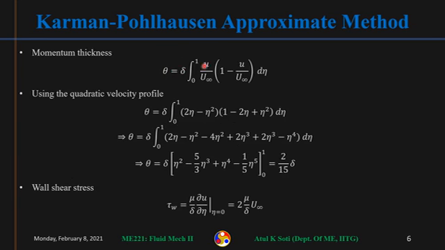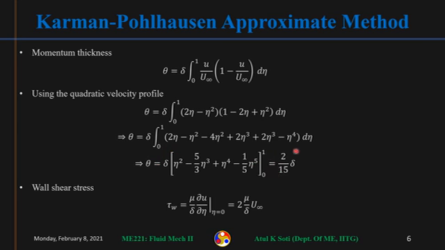Again, then using that profile we can find out the momentum thickness. We put in u by u infinity as this, and then we just need to do the integration. This is just a polynomial, so it can be integrated analytically. Finally, after you do the integration, you should get theta is equal to 2 by 15 delta.